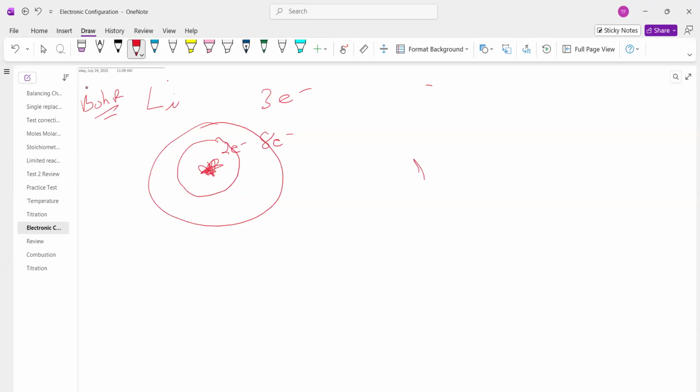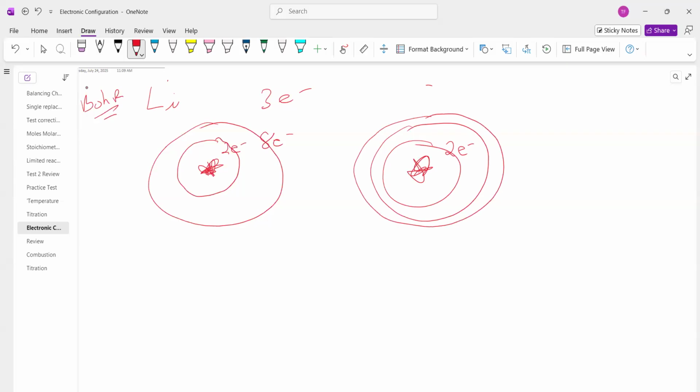So really, it's subdivided into 2 main parts. One part holds 2 electrons, max. The next part holds 6 electrons. So it's still 8, but it's just subdivided.